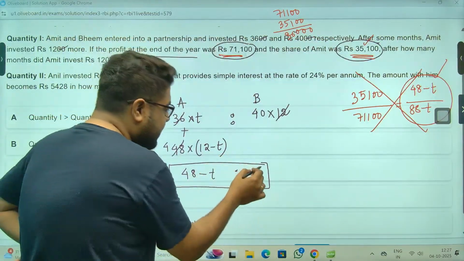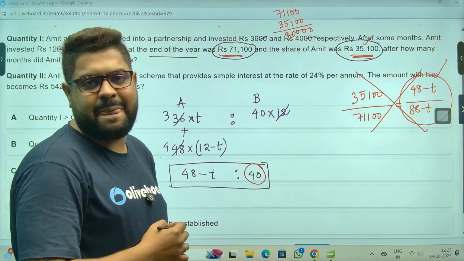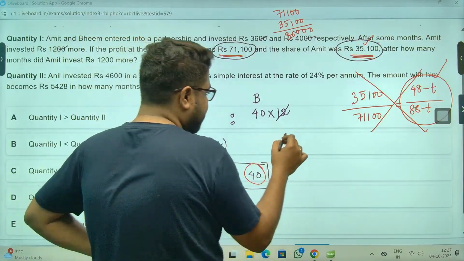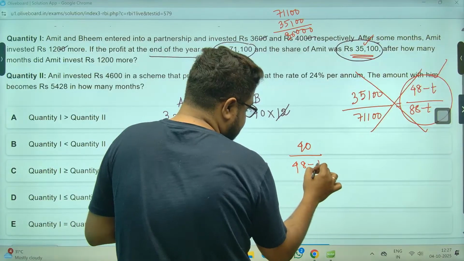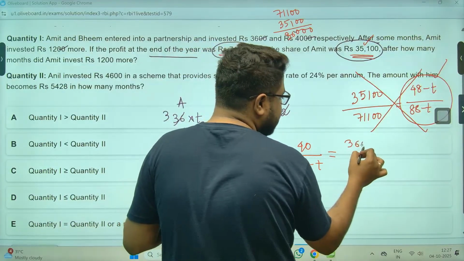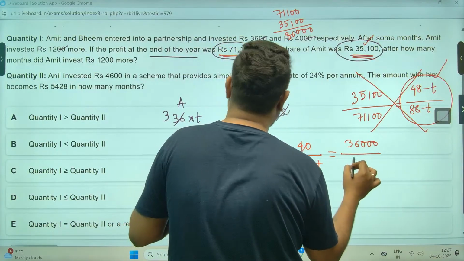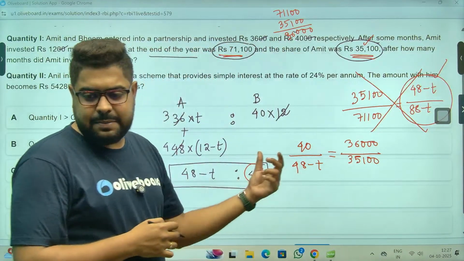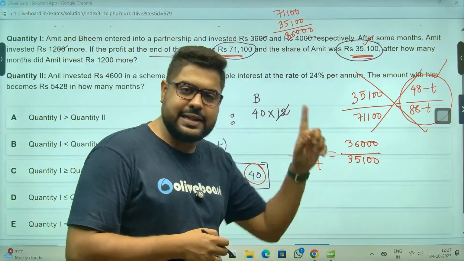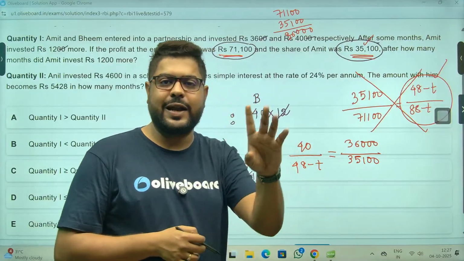Why? Because in Bhim, look, sir, there is no t. So do one thing, sir. Bhim by Amit. That will be, sir, 36,000 by, sir, Amit was 35 100. This is a much better equation. There is t only in one place.